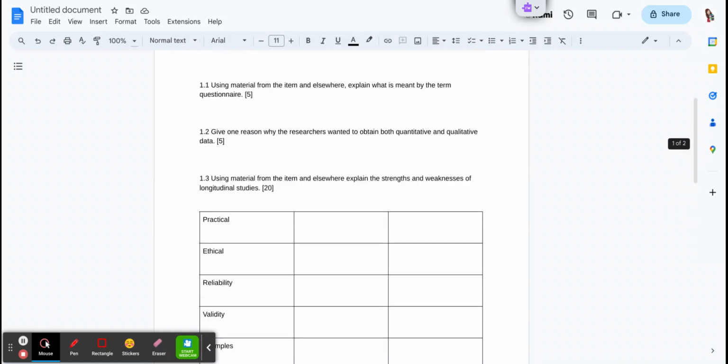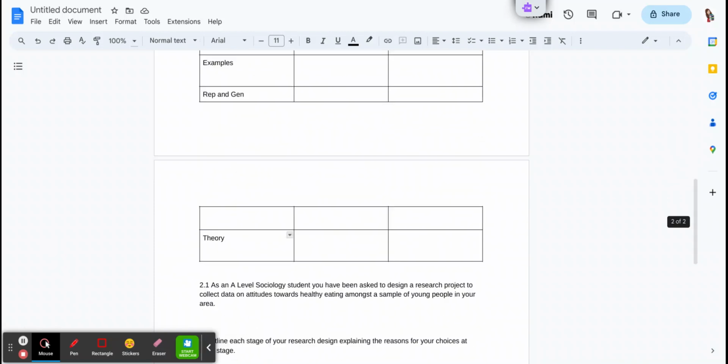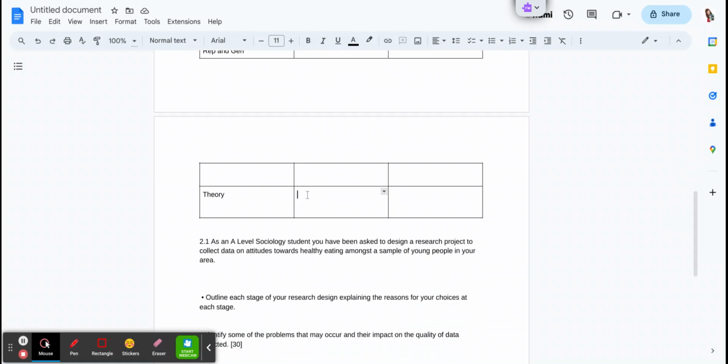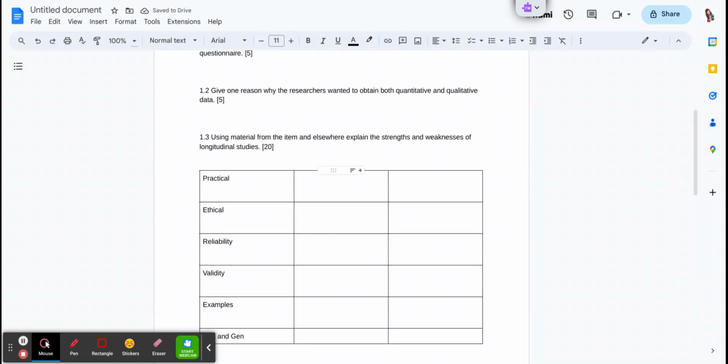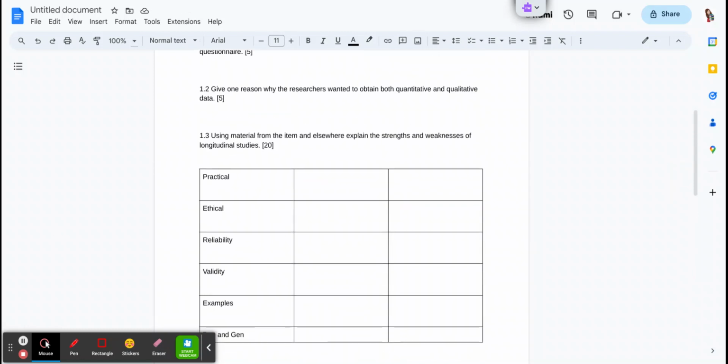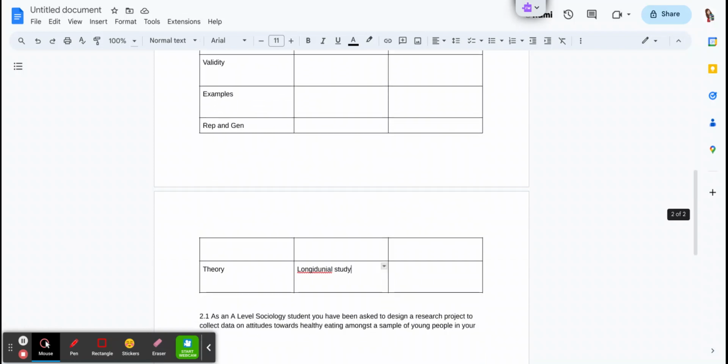The first thing we do, as always, with a 20 marker is we do the definition. So our definition: longitudinal study. Just check the term of the question. Using material from the item and elsewhere explain the strengths and weaknesses of longitudinal studies.